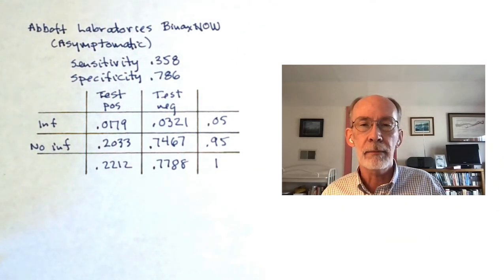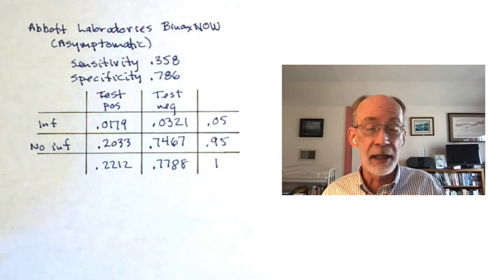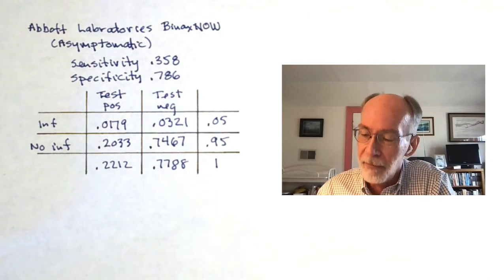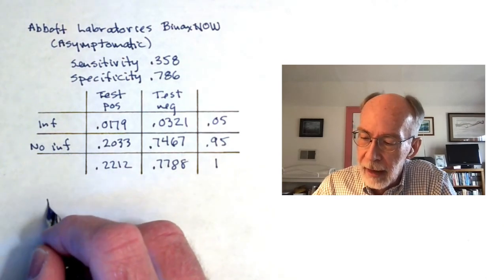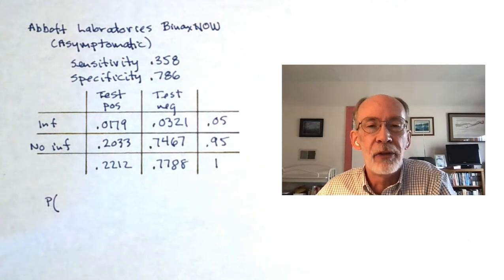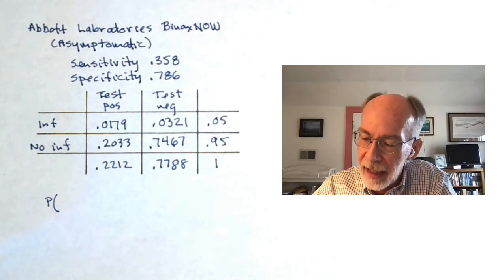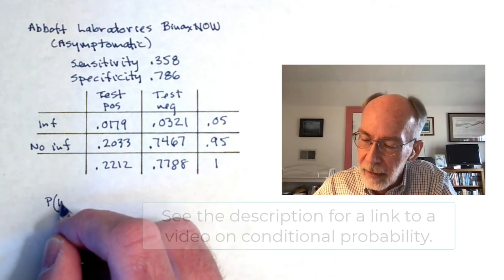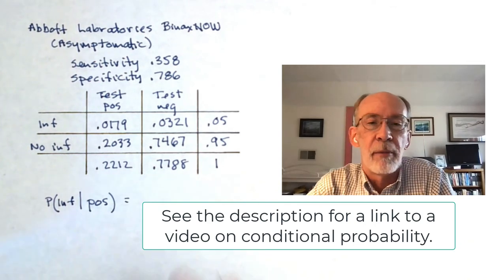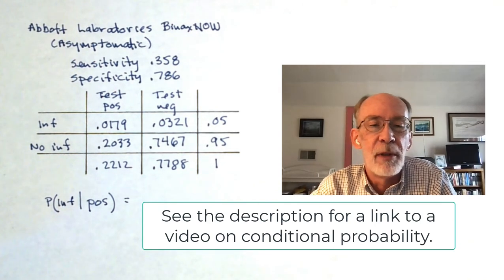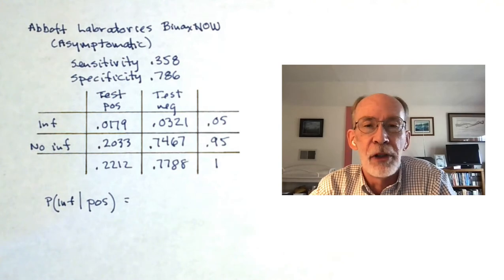Now, questions that are of great interest to us include, what is the probability that somebody is actually infected given that they've tested positive? I grab an asymptomatic person out of a population, I give them a test, the test shows positive.